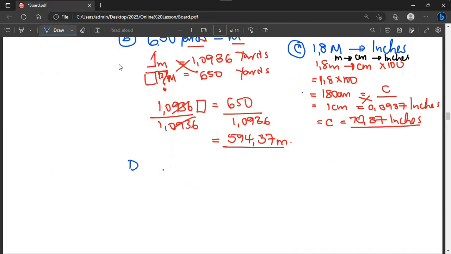Example D. We might have a question that says change 240 feet to yards. This is imperial to imperial. It's fine.